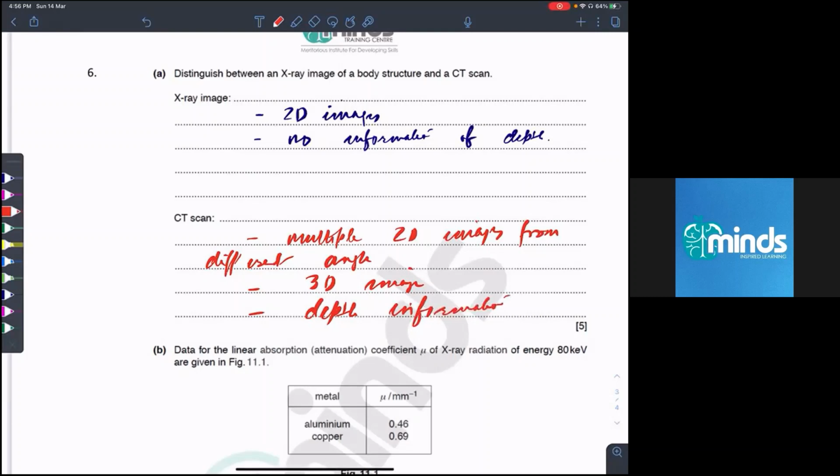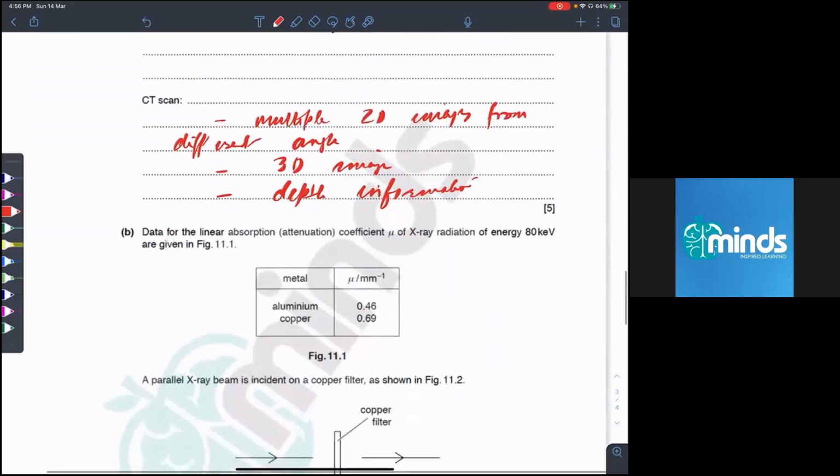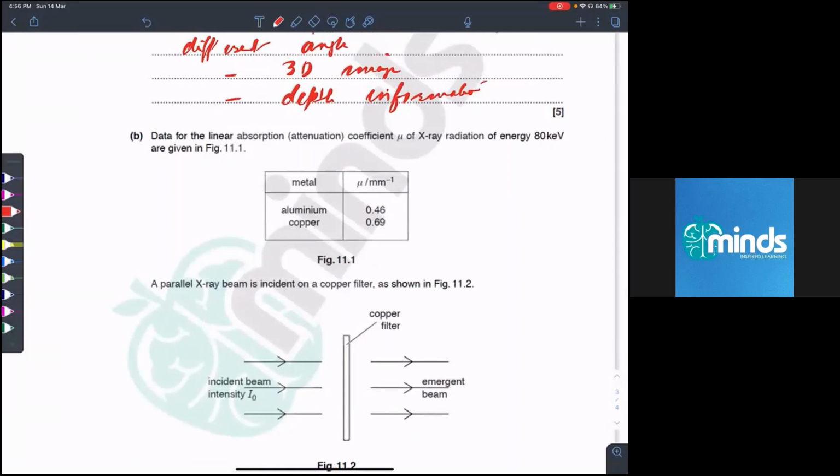Yes, Anas and Miram, are you able to understand this answer? Yes, sir. Yes, sir.